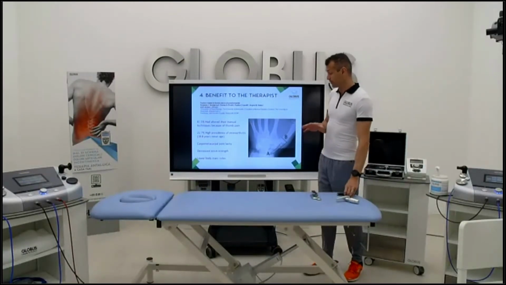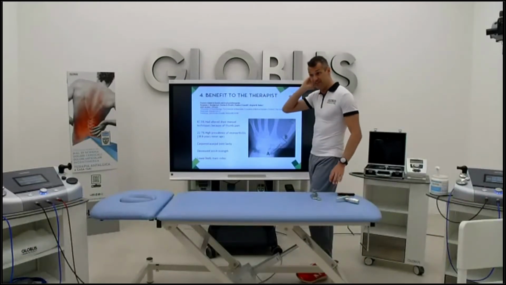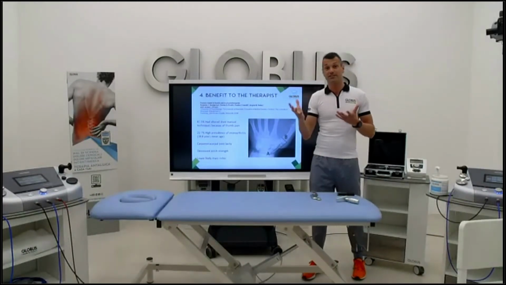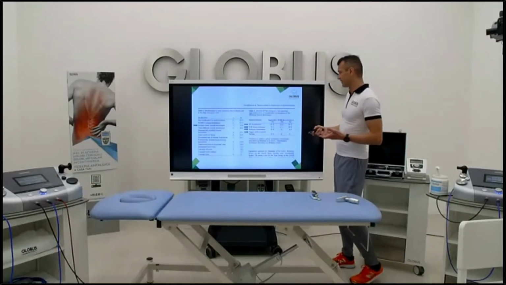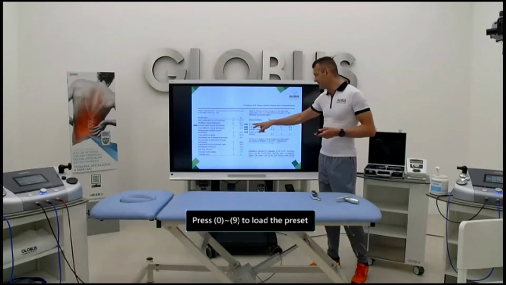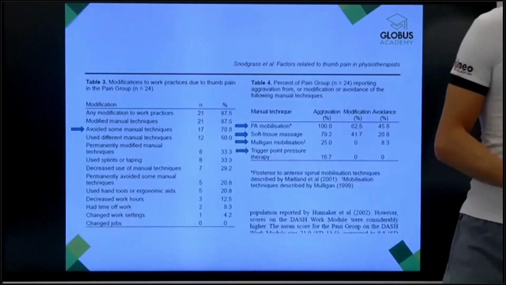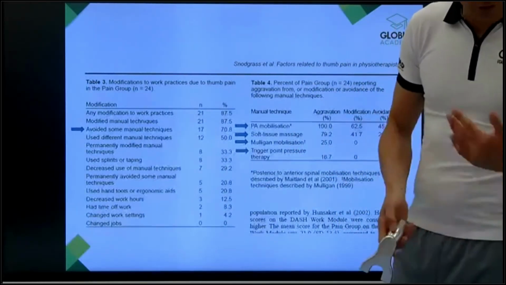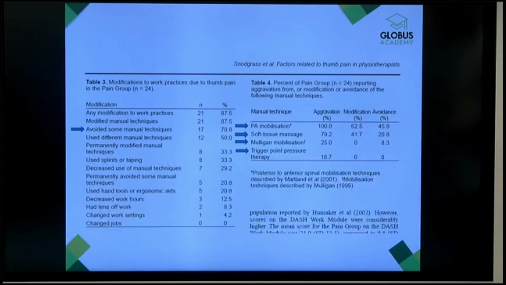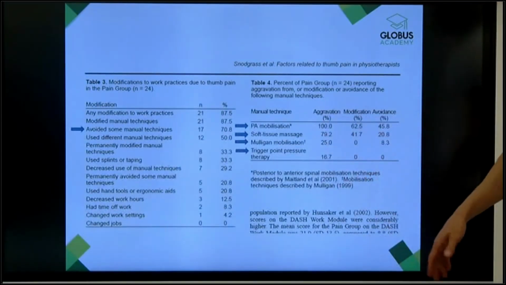This is a very important thing because there are a lot of other studies saying that physios need to change their job, need to change their techniques of work. For example, PA mobilization, the posterior to anterior mobilization that we can do with this tool, which we usually do for Maitland techniques, is one of the most dangerous for our hands.